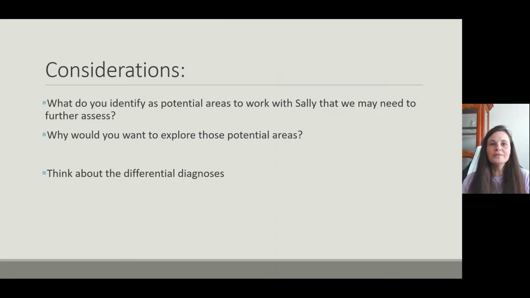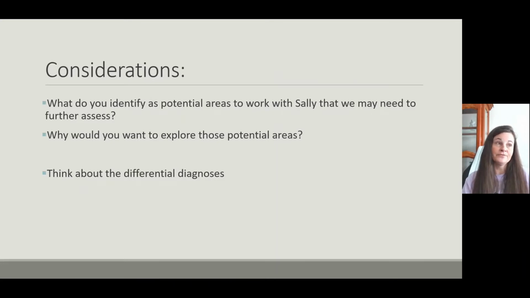So take a little bit of time, think about what all you would work with her for, what types of diagnoses you think there could be for this person. And think in that big broad category, what may be happening from a mental health capacity? Is there something that may be happening from a health capacity? Is there some kind of developmental issue that may be happening? Are there cognitive difficulties that you're taking note of?